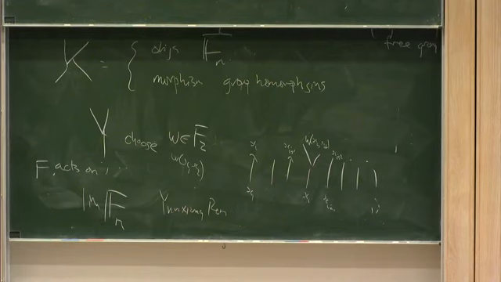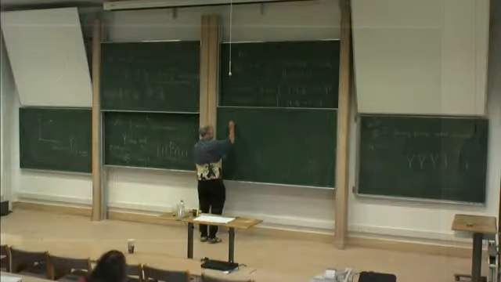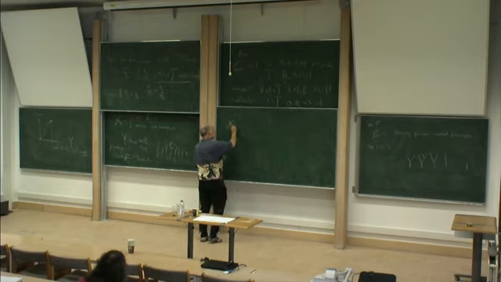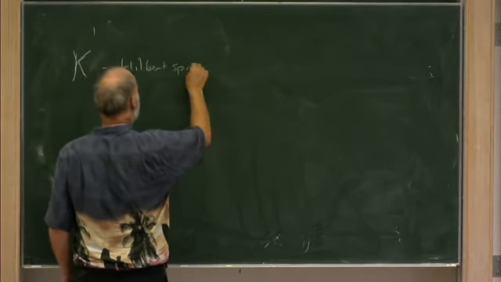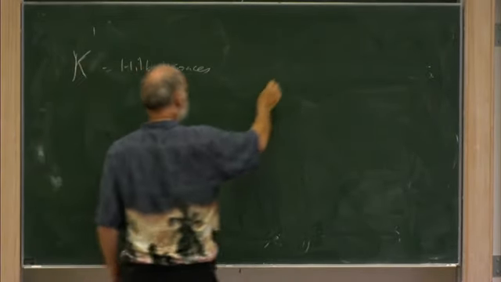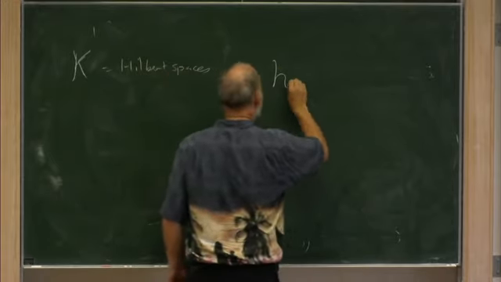And this particular one, it was just sitting there. So K will now be Hilbert spaces. This is the target category. And we're going to take one nice Hilbert space, a little h.